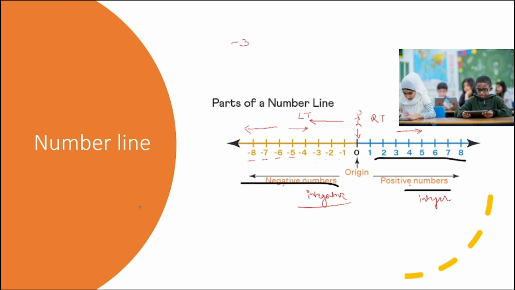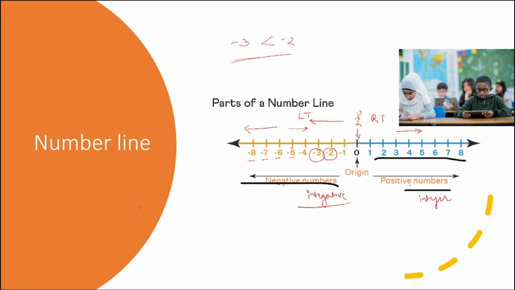Comparing -3 and -2, which one is greater? -2 is greater, because in the number line the number which is smaller with the negative sign is greater than the number which is bigger with the negative sign.